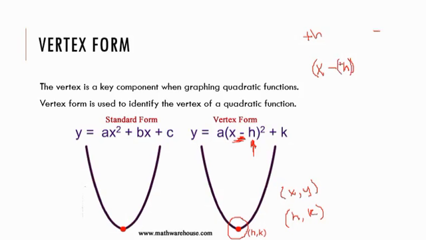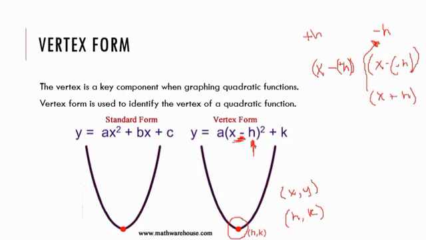If I have a negative H, in my vertex form, I'm writing that as x minus a negative H. So, really, you may see it in the form of x plus h. If you ever see x plus h, you should know that the h value in the vertex is negative.